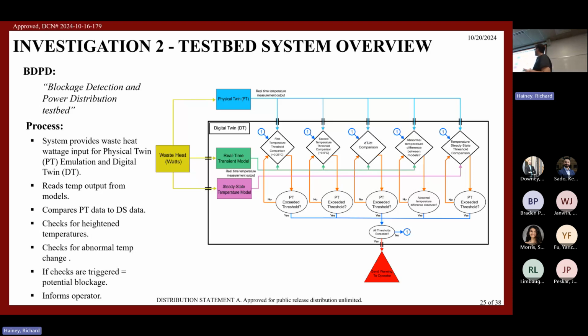So if all of these checks have been exceeded or activated, it sends a signal to the operator or the system, which can manipulate the physical twin system, that yes, a blockage has occurred.